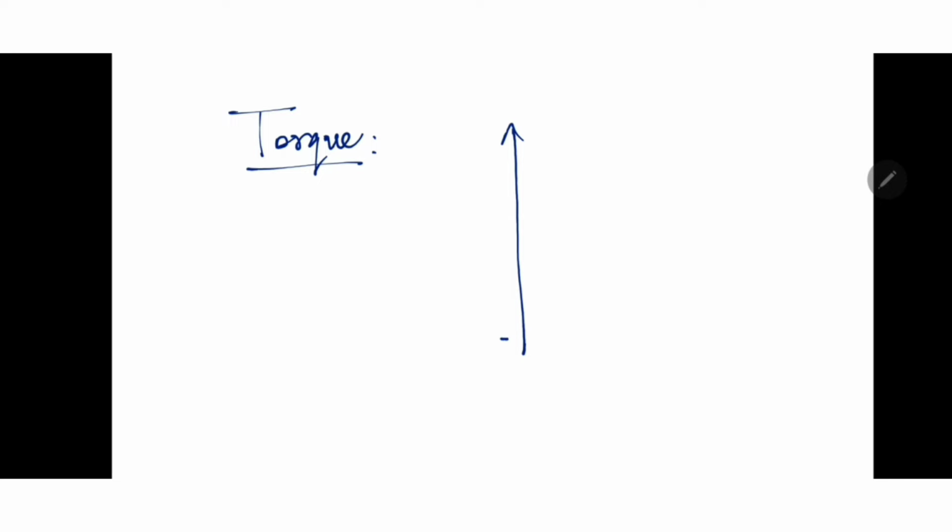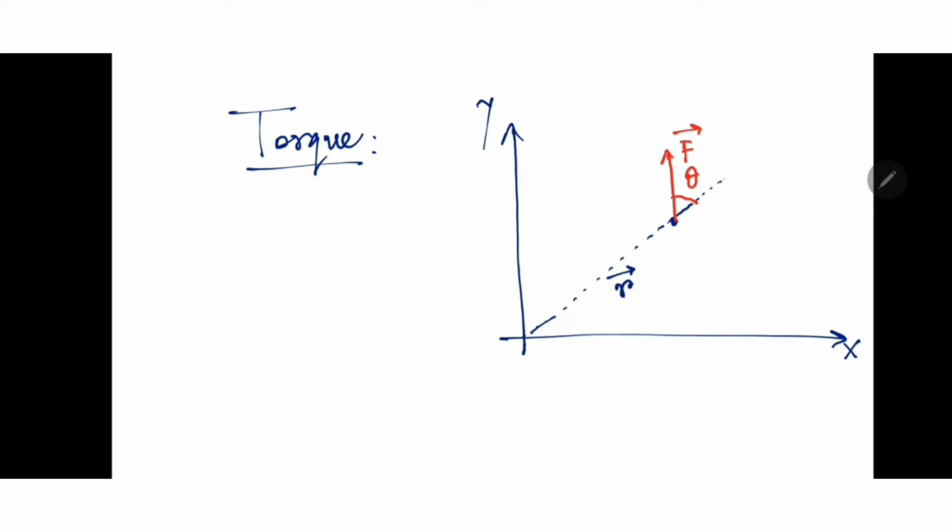Suppose here is a point or here is an object which is situated at a distance of r vector from the origin, and let F be the applied force on the object, which is acting at an angle of theta, suppose.